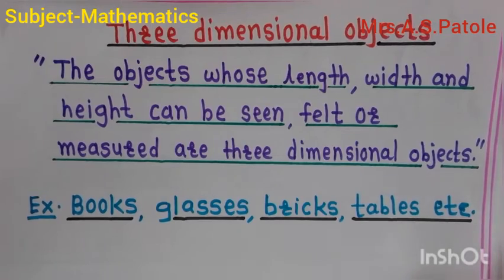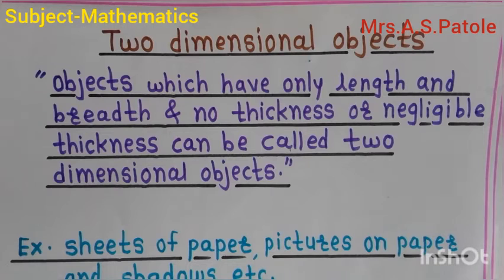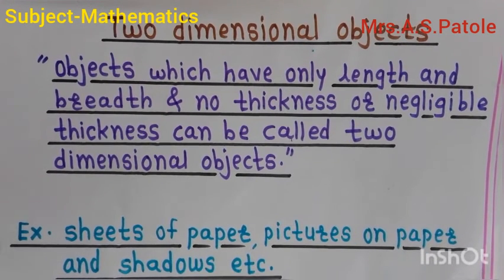Now let us study about two-dimensional objects. Objects which have only length and breadth and no thickness or negligible thickness can be called two-dimensional objects.